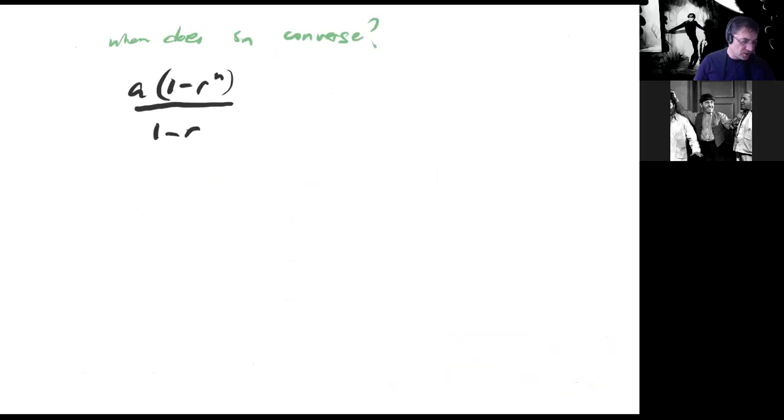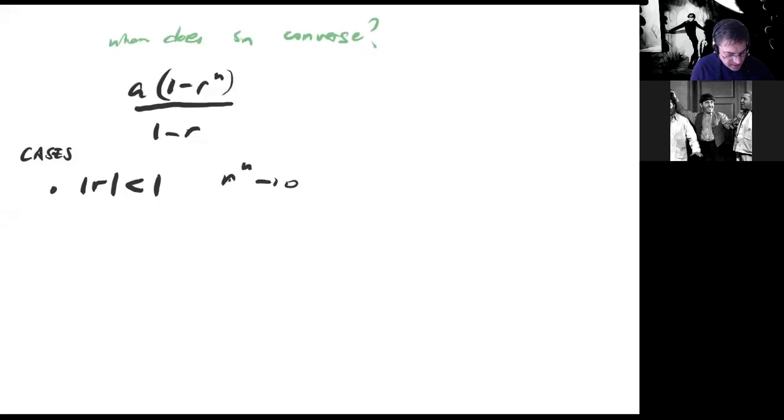Now, there are two cases to consider. The first case is the absolute value of r less than 1. Then in this case, r to the n will tend to 0.